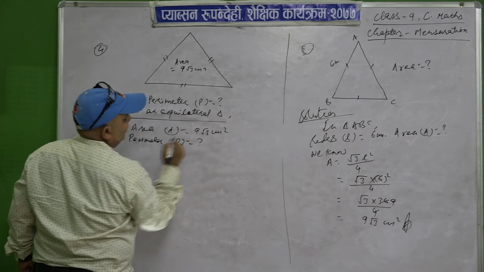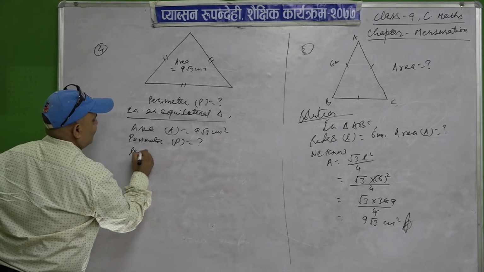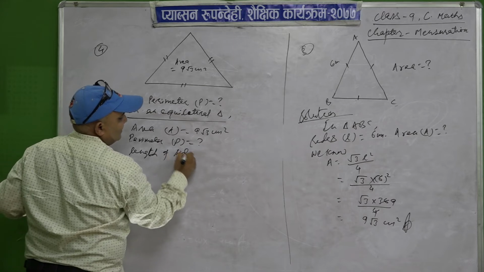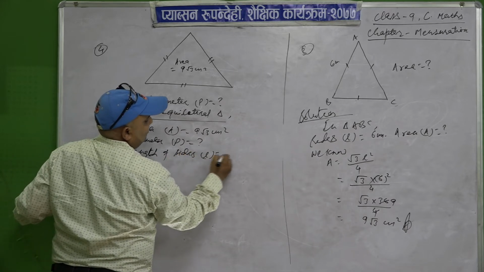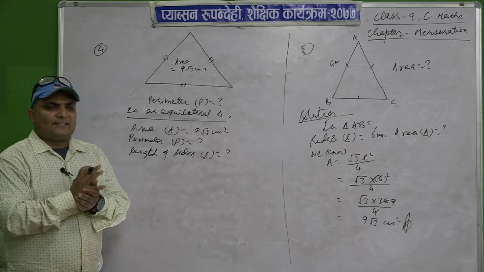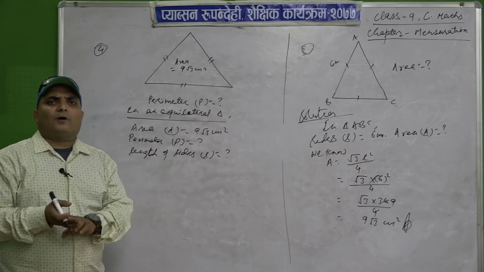Perimeter P is equal to what? But before finding the perimeter we should find out the length of the sides. Length of sides L is equal to what?